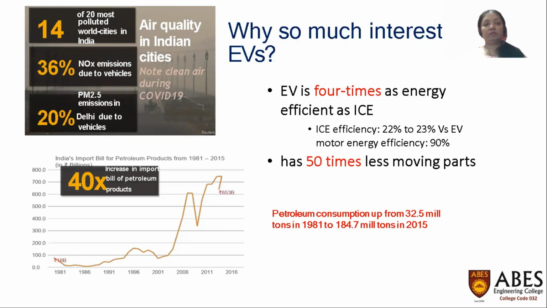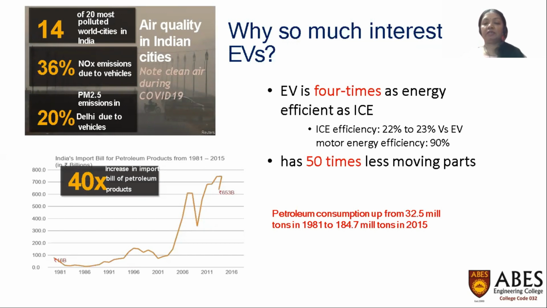Along with these facts, we can also see that an electric vehicle is nearly 4 times more energy efficient than the internal combustion engine. In an internal combustion engine, the fuel is burnt, and then the thermal energy is converted into mechanical energy by the engine, and therefore the overall conversion efficiency comes around 22 to 23%.